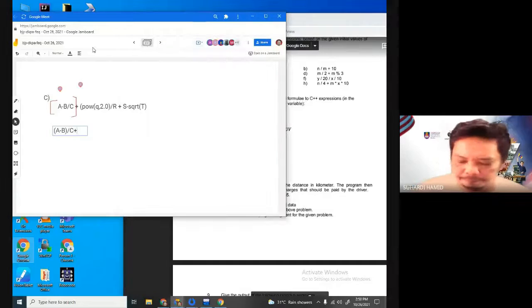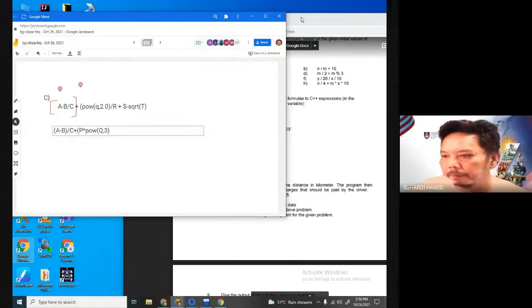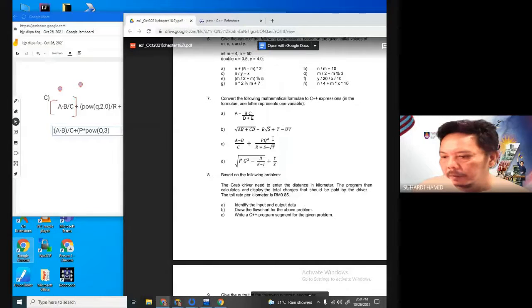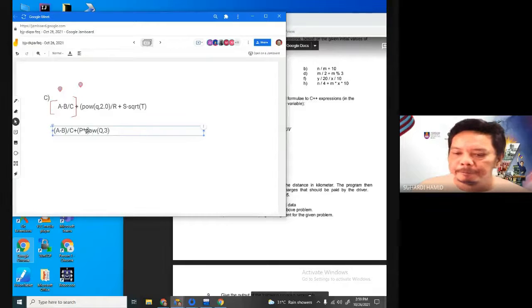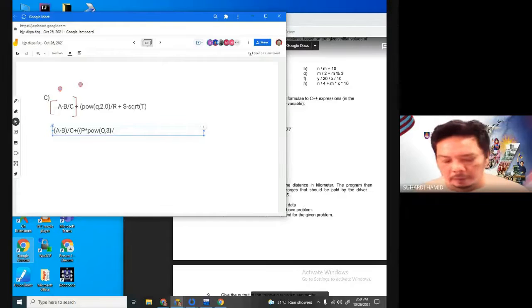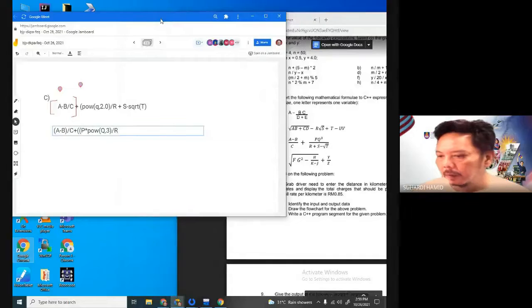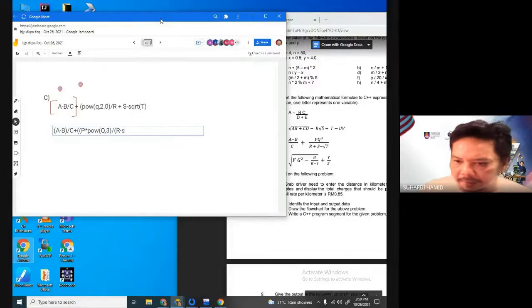PQ cube. P multiplied by power Q3. Over R plus S minus square root of T. R minus S, R plus S, sorry.